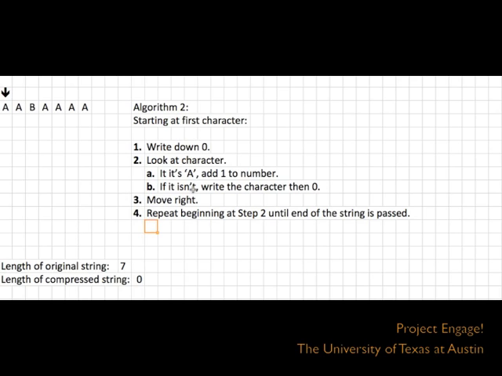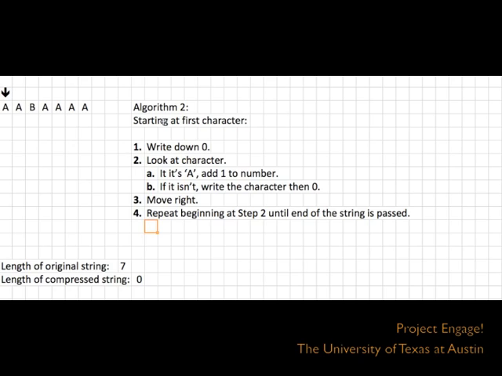In algorithm 2, we're actually looking for A's. We've decided, okay, this particular kind of string that we're going to compress typically has a lot of A's in it, and we want to capitalize on that fact. Now, it's going to turn out that this particular algorithm isn't so good if you don't have a lot of A's, because what it's doing is compressing the number of A's and basically ignoring any other character.